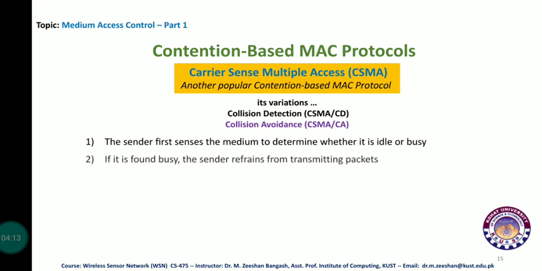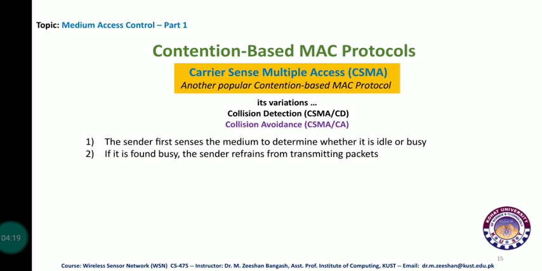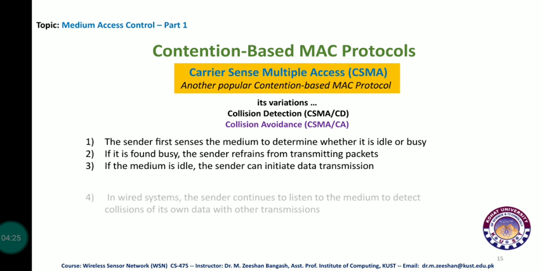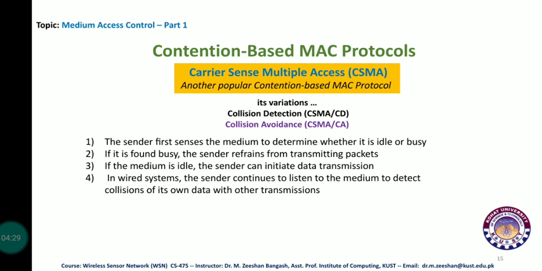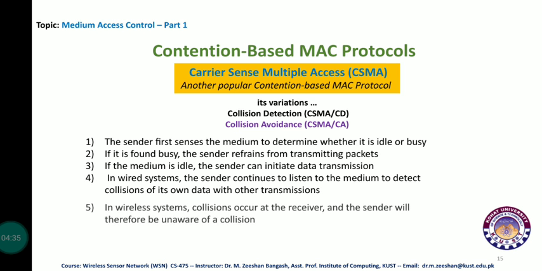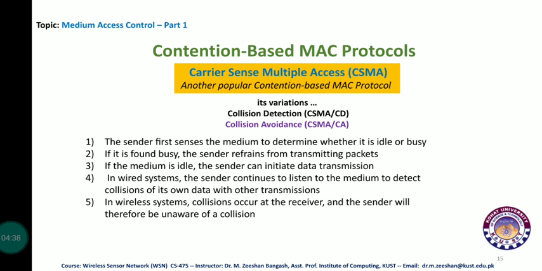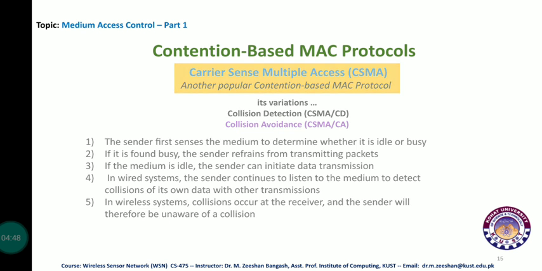If the medium is busy, the sender stops and refrains from transmitting the packet. However, if it is idle, the sender decides that it should start data transmission. In the case of wired systems, the sender continues to listen to the medium to detect collisions with other transmissions. However, in the case of wireless systems, the collision always occurs at the receiver, and the sender is therefore unaware of the collision because the sender is at a remote location.